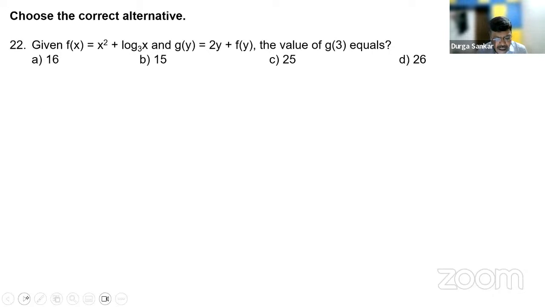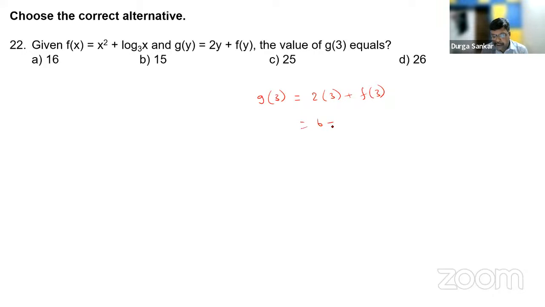Given f of x is equal to x square plus log x base 3 and g of y is equal to 2y plus f of y, the value of g of 3 equals to. Now this is just substitution. So if I substitute 3 in place of y, I get 2 into 3 plus f of 3.